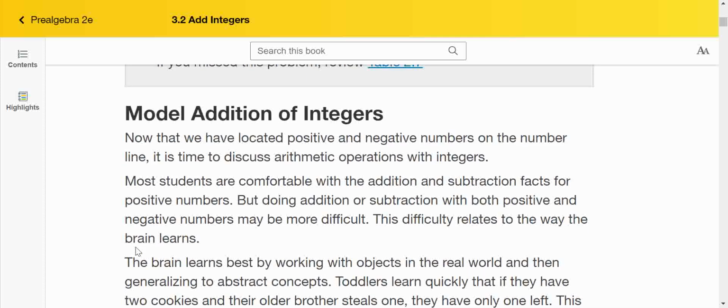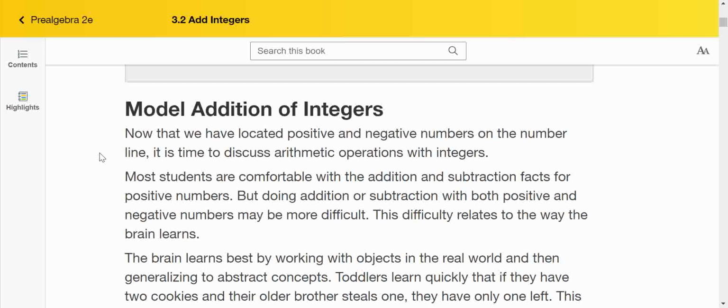Model addition of integers. Now that we have located positive and negative numbers on the number line, it is time to discuss arithmetic operations with integers.